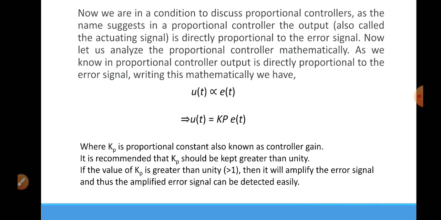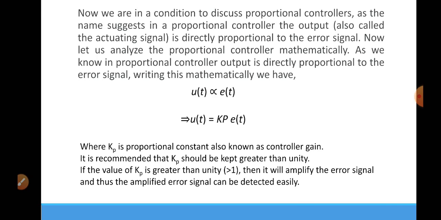These smaller values are sometimes neglected by the plant, and this can be avoided by using this proportional controller, which will amplify, or increase, the error signal in some multiples.